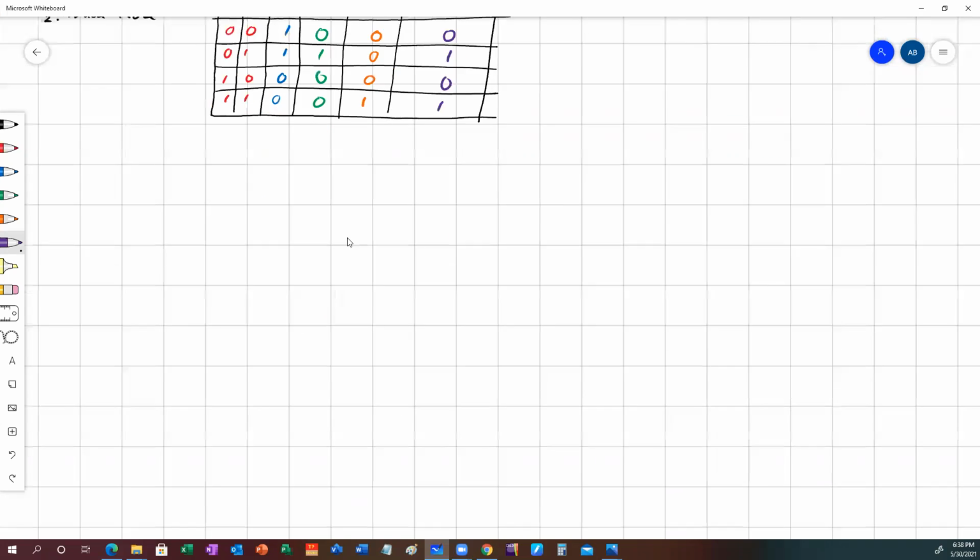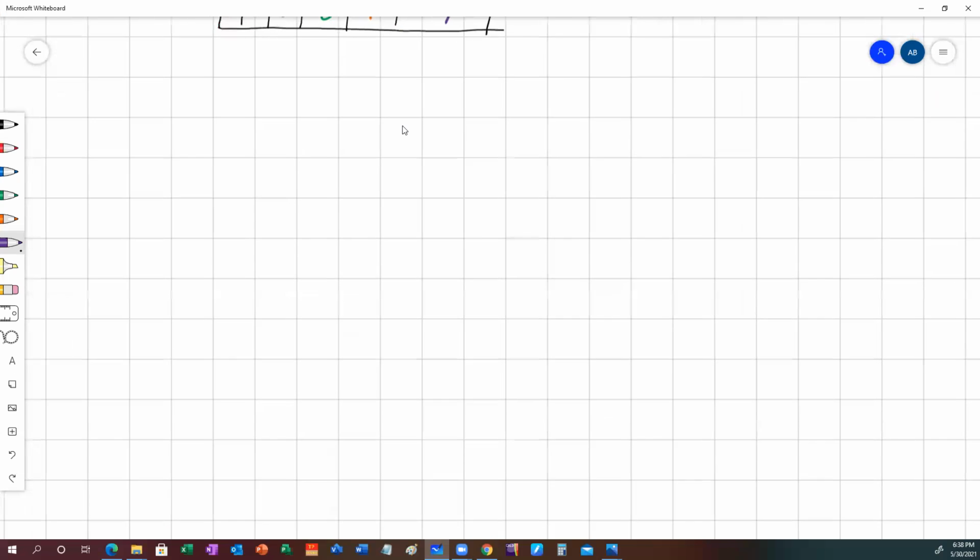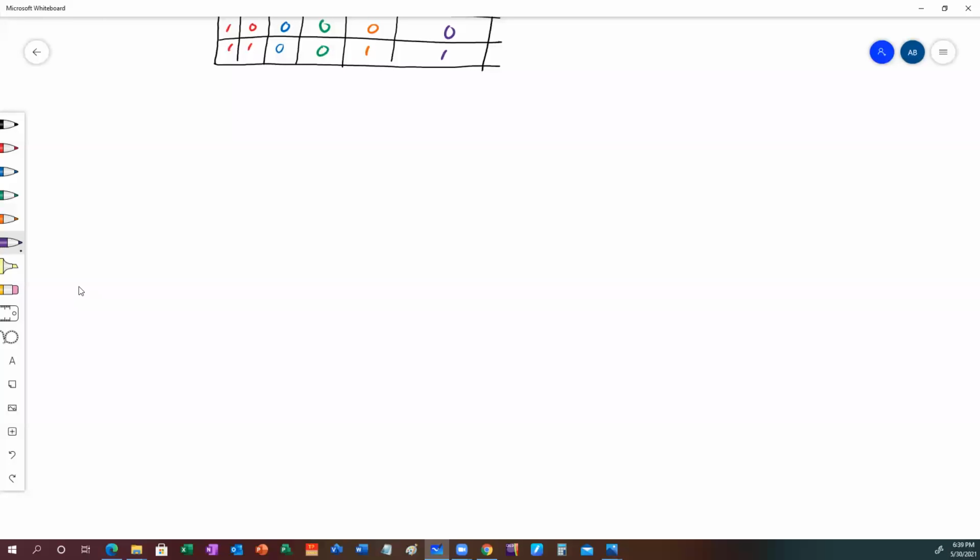Right, this one. Let's take a NOT gate up here, and here let us have two NOT gates going into this.